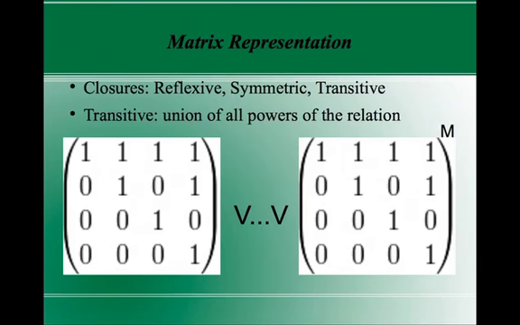Now closures, of which there are three main ones we will be looking at, reflexive, symmetric, and transitive, are what's known as the matrix that represents the relation plus any extra relations you have to add to get it to that property.